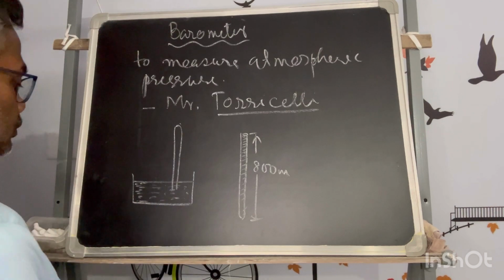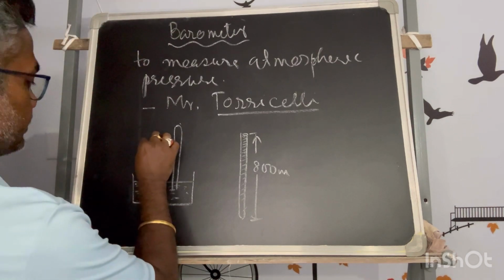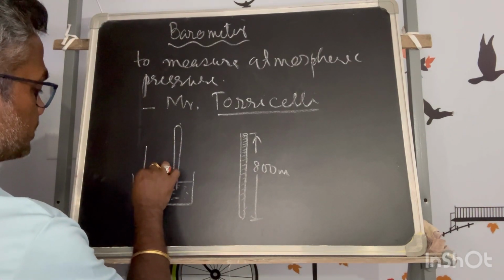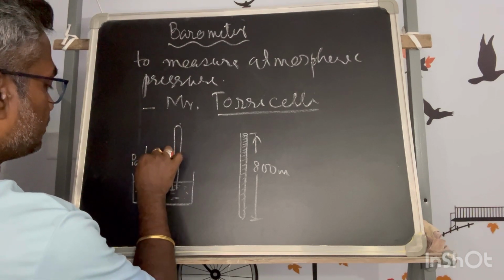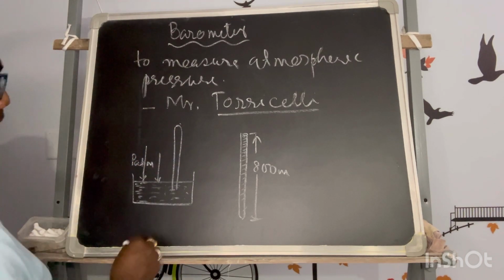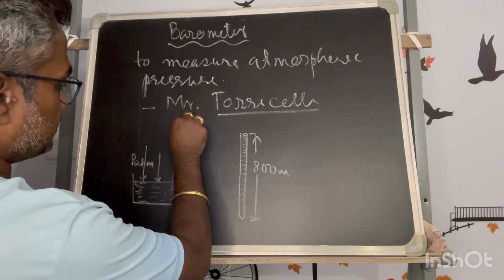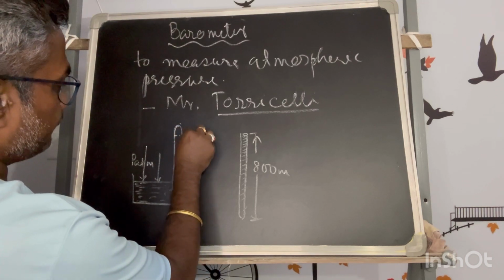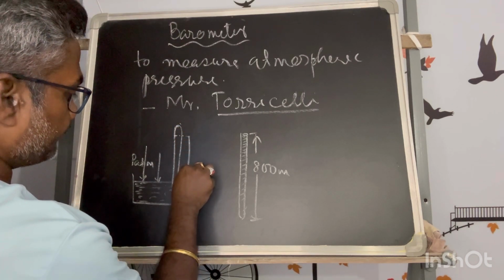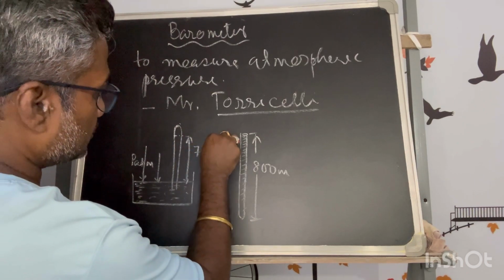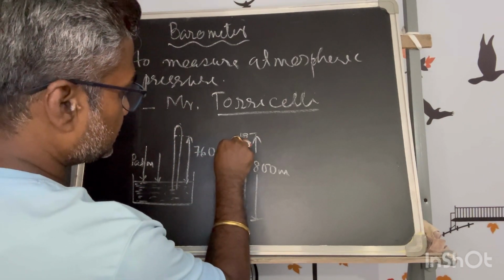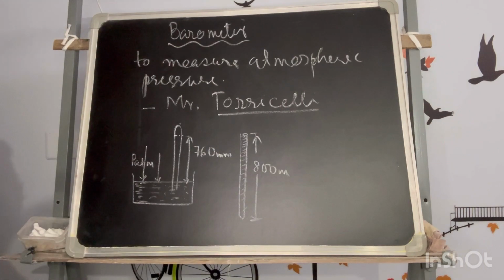There is always atmospheric pressure acting on any surface, and after he inverted it, the mercury came down and settled at a height which is physically measured as 760 mm.